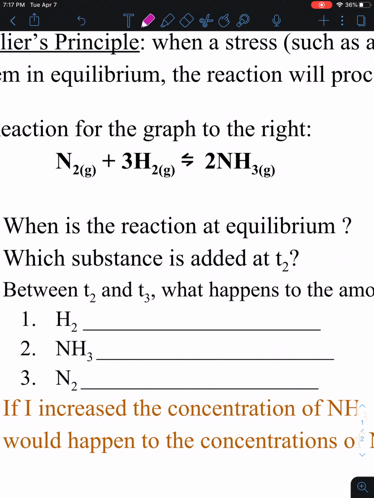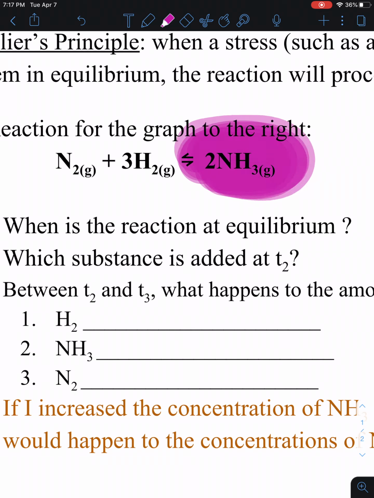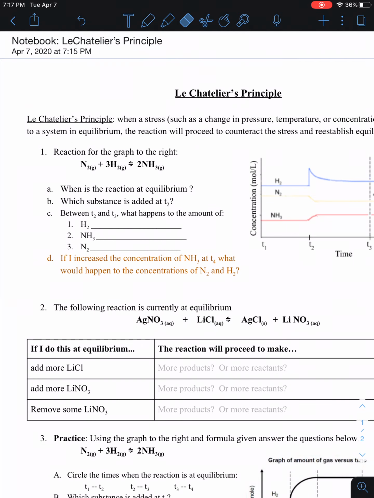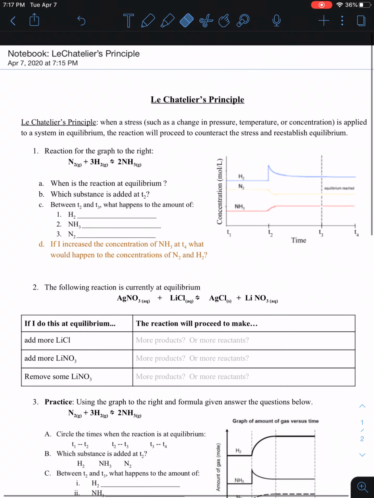On the other hand, if I dump ammonia in over and over and say okay, go, then the reaction will proceed to make more reactants. Those are a couple examples of how we can stress a system and then it responds.